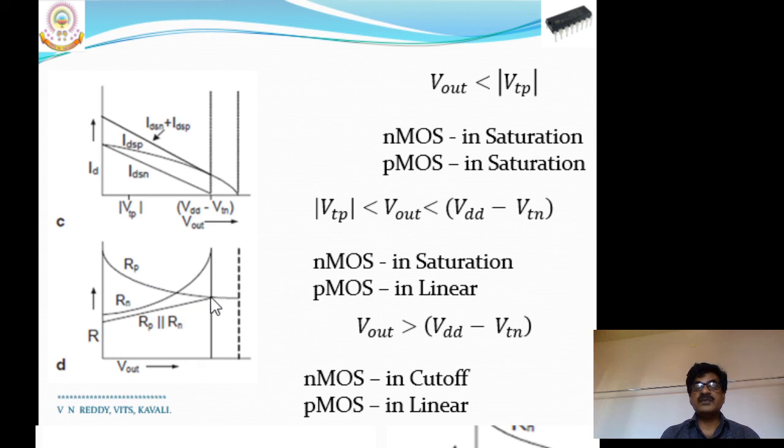With reference to Nmos, the resistance is infinity here. Why? Because the current becomes 0. Current is 0 means the resistance is a very high value. Clear? That is the resistance curve for the transmission gate transistors, Nmos and Pmos.